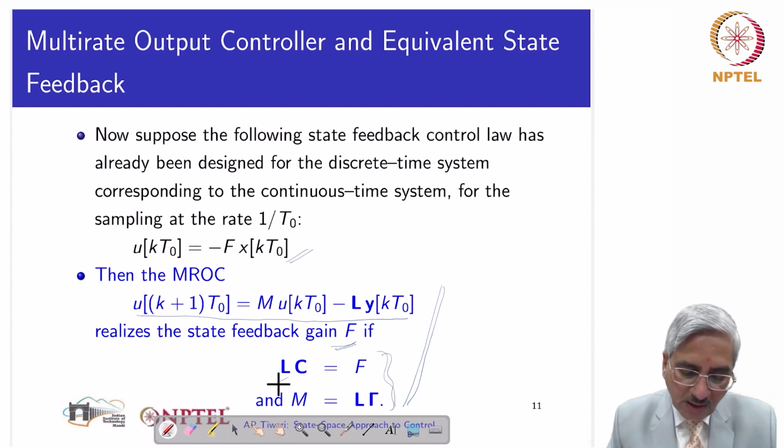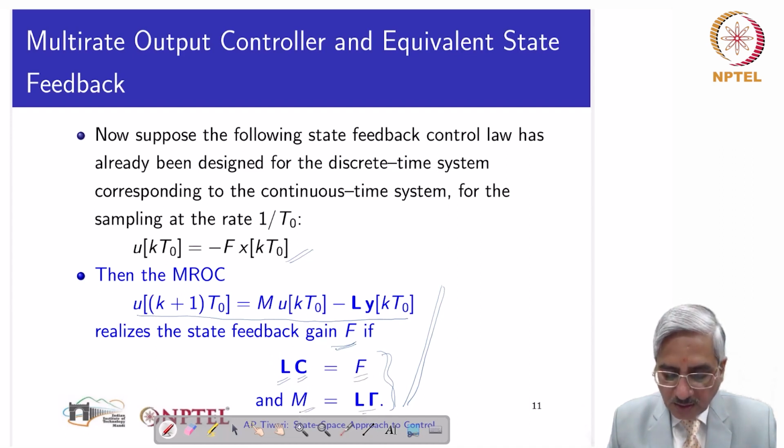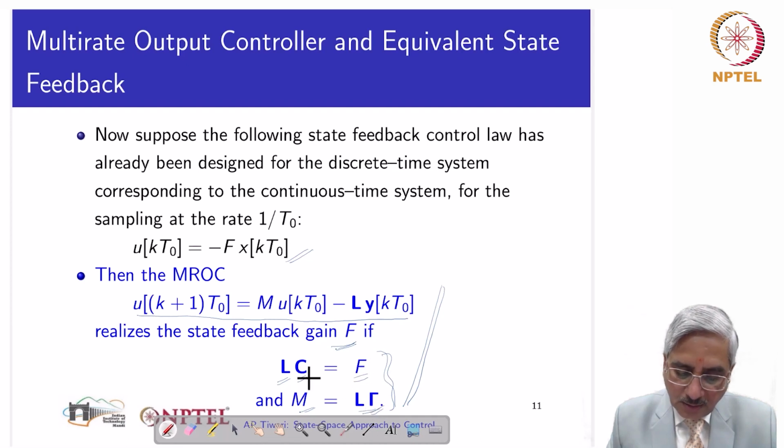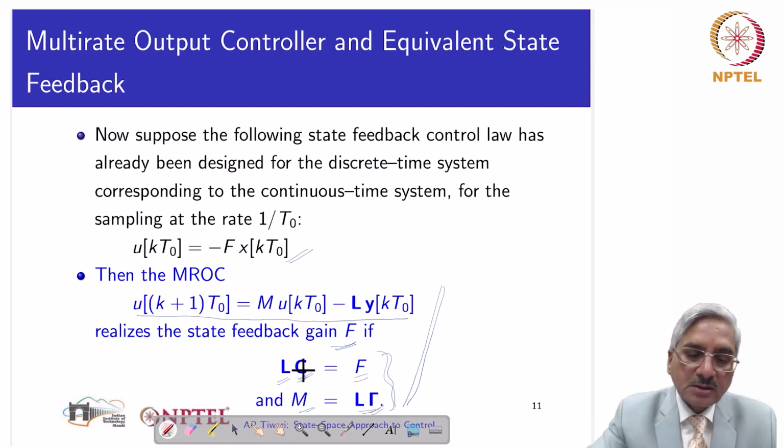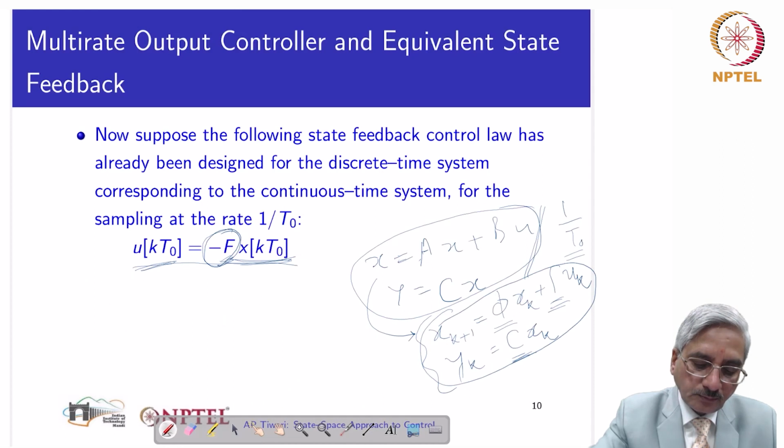If bold L times bold C is equal to F, and if M is equal to the product of bold L times bold Γ. F is known, and Γ is known, C is known.